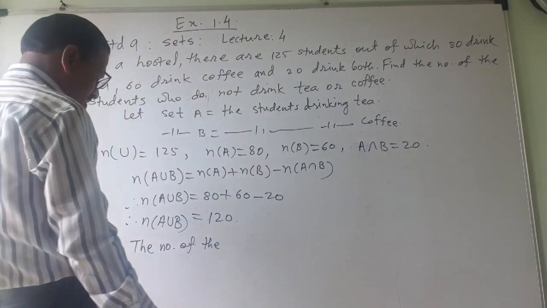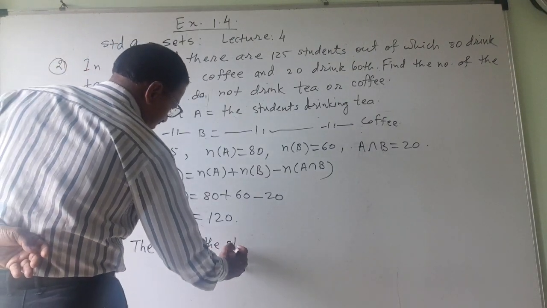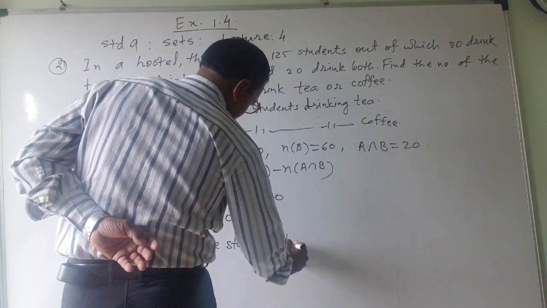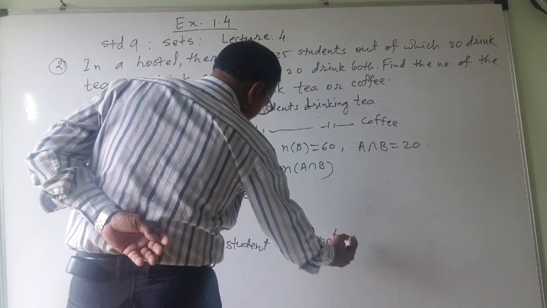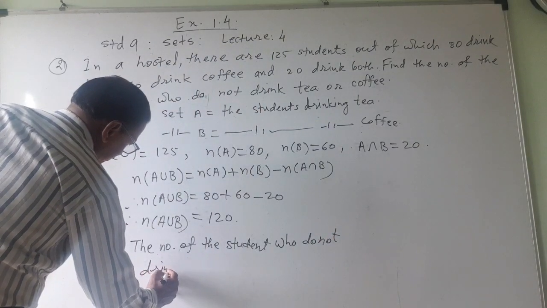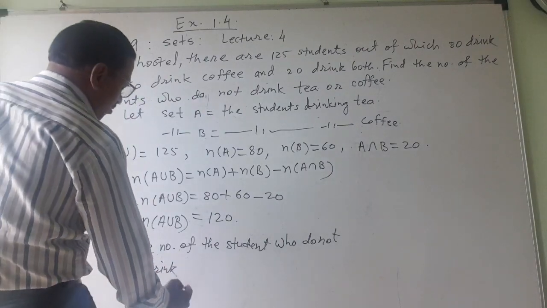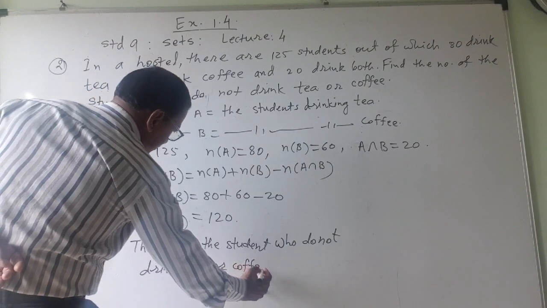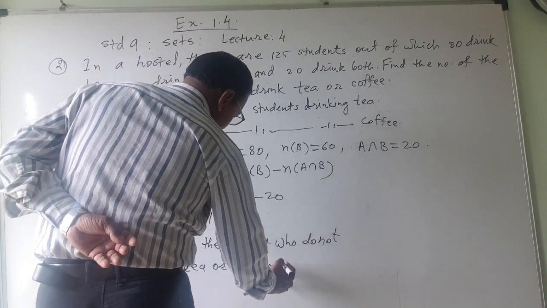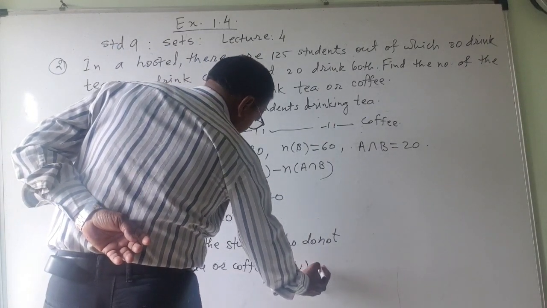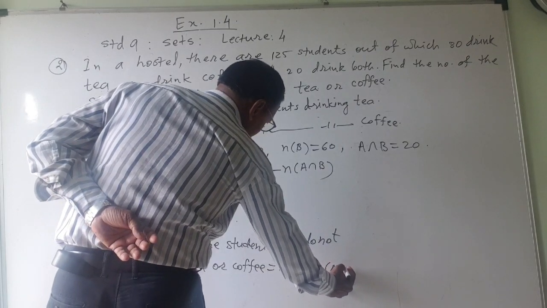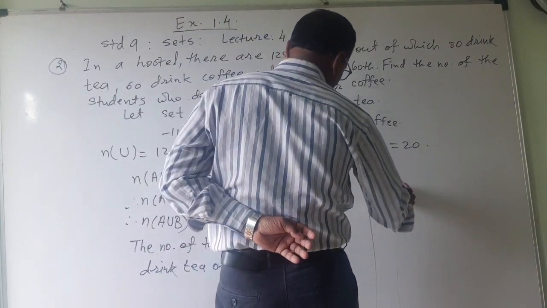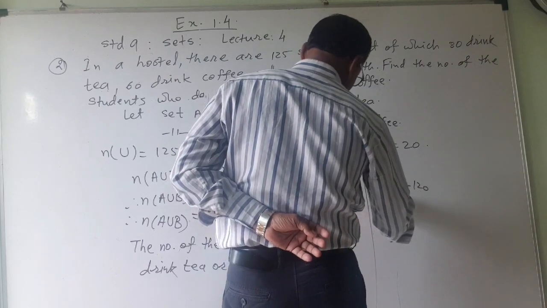The number of students who do not drink tea or coffee is equal to, you have to write the formula, N of U minus N of A union B, and that is equal to 125 minus 120, and it is equal to 5.